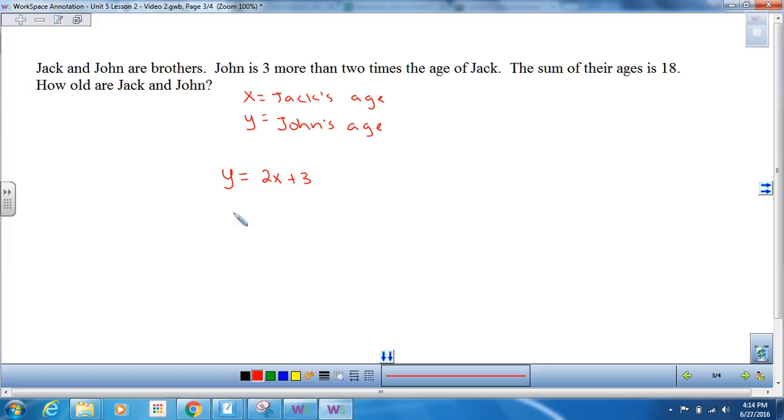The sum of their ages is 18. Okay, so that just tells me that x plus y should equal 18. So y equals is the 1 by itself. So I plug that in. There's nothing in front of y, so I don't need parentheses. Combine like terms.